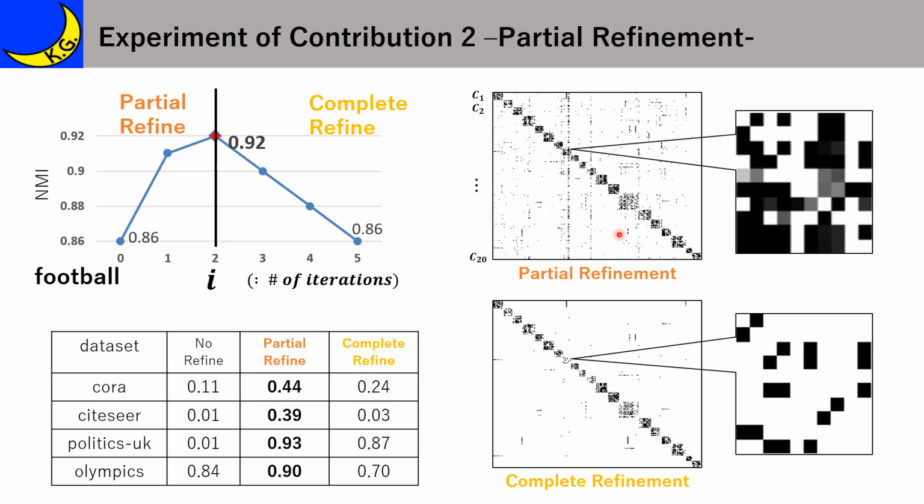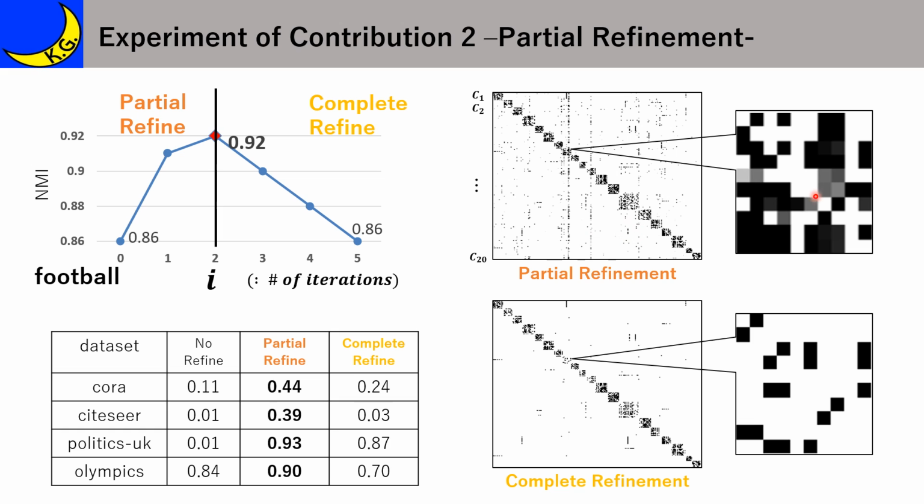Furthermore, we compared a partially refined similarity matrix with a perfectly refined similarity matrix. Each diagonal block in the partially refined matrix indicates similarities in a connected component, similar to one of the supervised clusters.